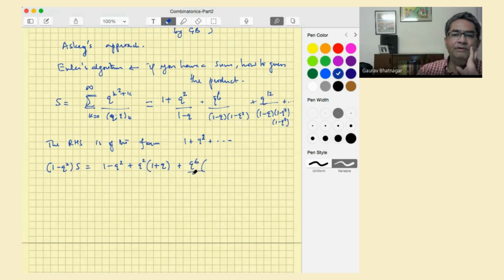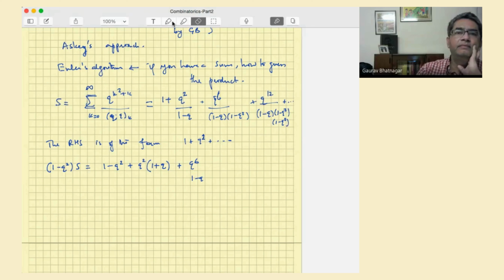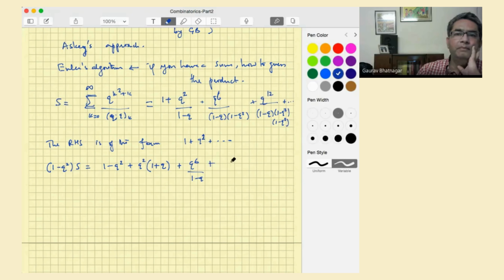You multiply by 1 minus q square, you get just this, plus q raised to 12, and you multiplied by 1 minus q, you get 1 minus q, 1 minus q cubed. So, is that okay?